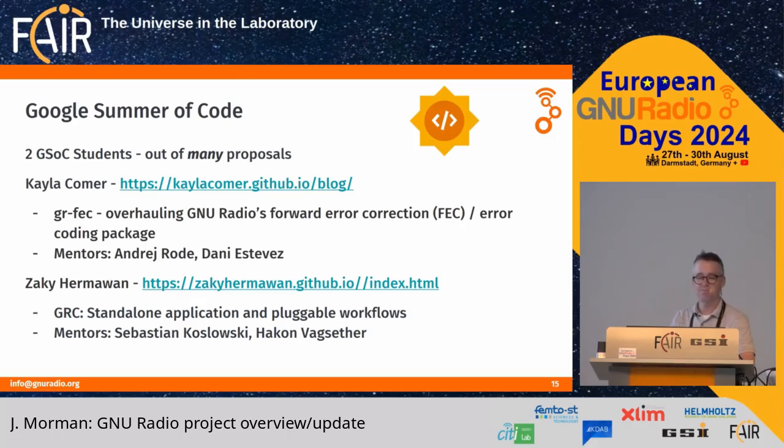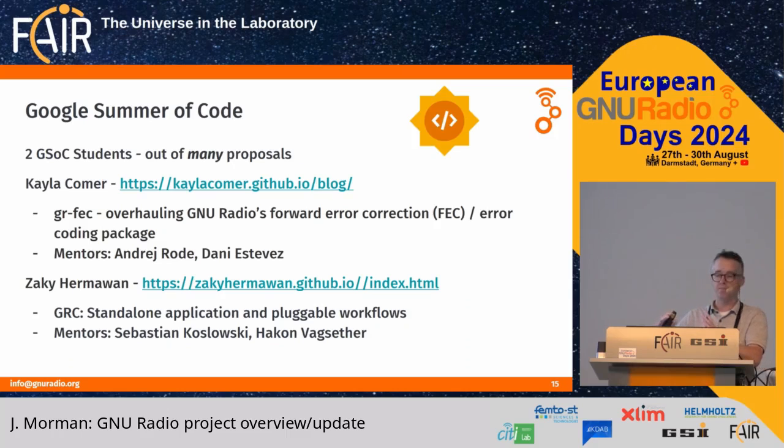And then Zaki, the goal of this is to take GRC. There's a lot of potential for GRC as a front end to do a lot more things rather than just render a GNU Radio flow graph. So the effort here is to modularize GRC and enable custom workflows.